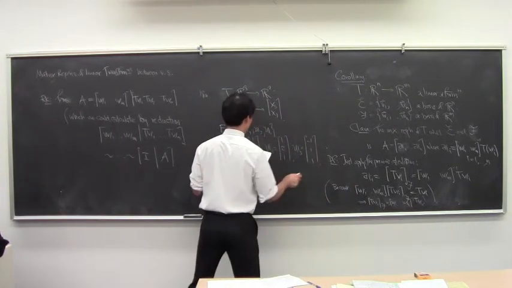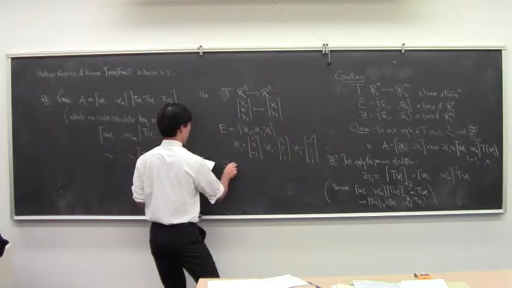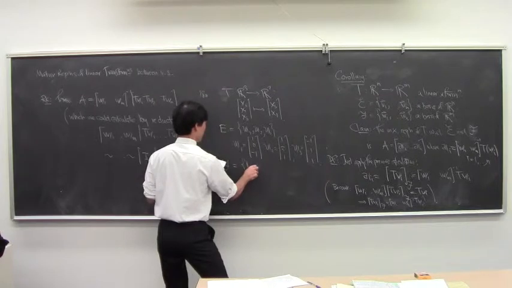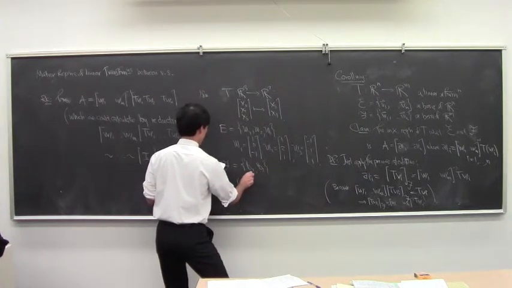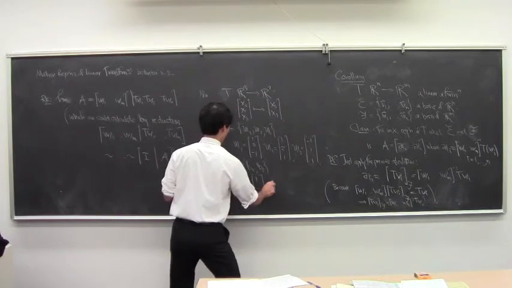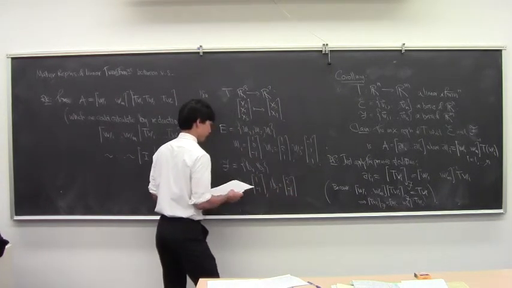Okay. And you have a basis of the second space, B1, B2, where B1 is 1, -1, and B2 is 2, -1. Okay.